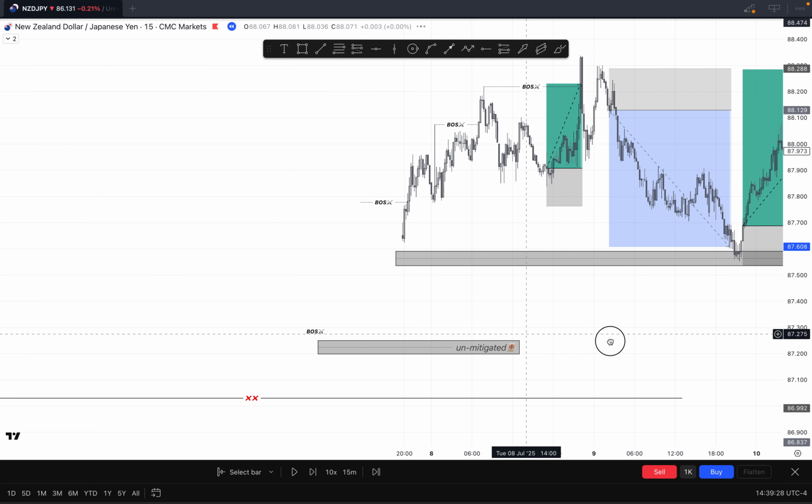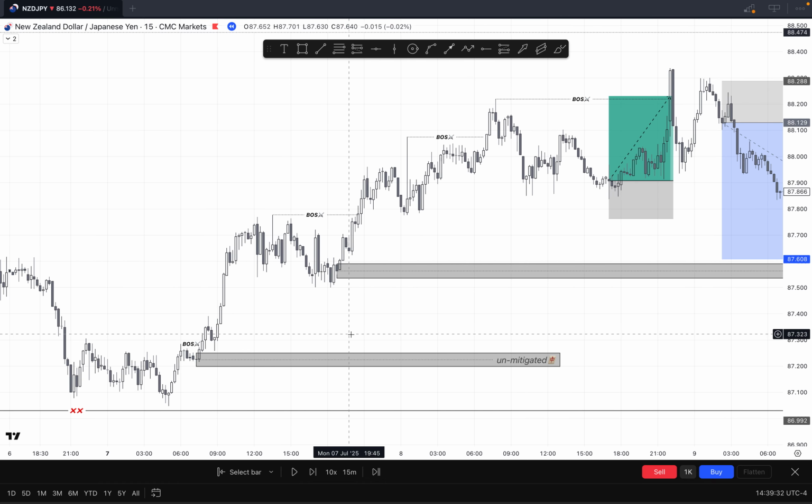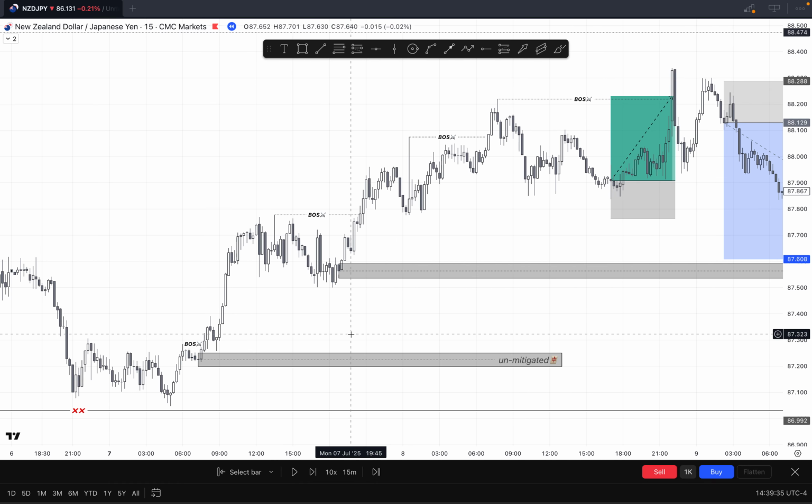Now let's break that down. Alright, so when I hopped down to the 15 minute, I kept going into details. For me, it's 3 candles up or at least 3 candles down that creates a valid high or low for me.